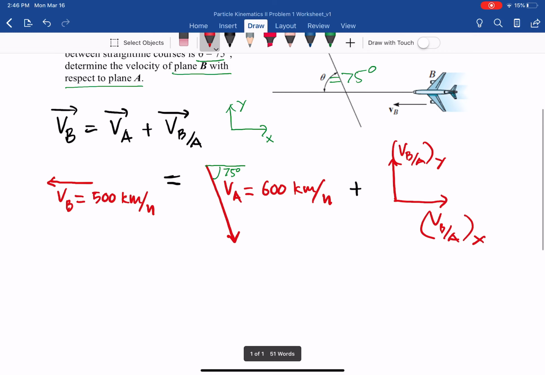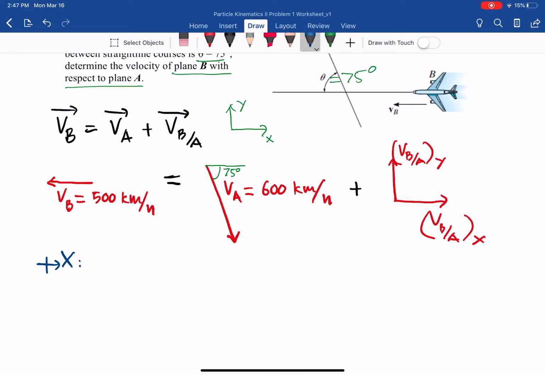And when you have the diagram, you can project those vectors into x and y components, just like we do sum of all the forces in x, sum of all the forces in y in 2D equilibrium. So let's do the same here. Let me sum up all the vectors, not forces in this case, right? So sum up all the vectors in the x direction and assume going to the right is positive.